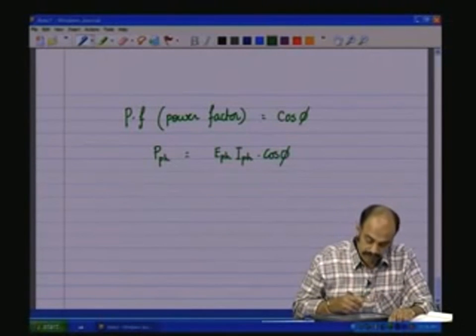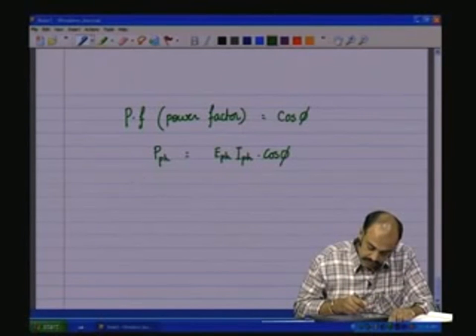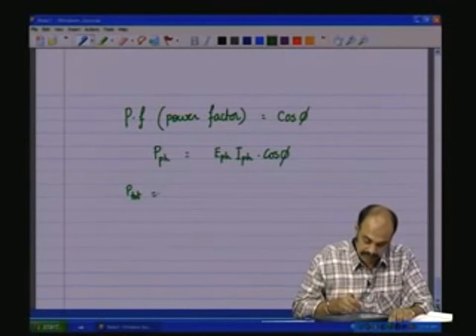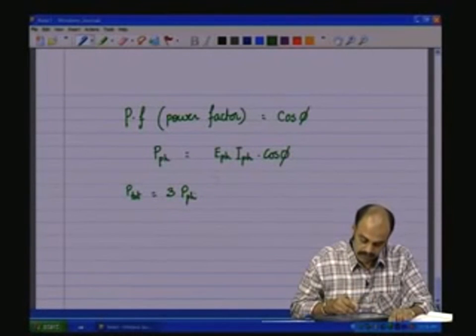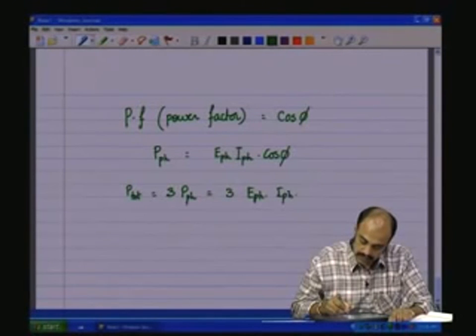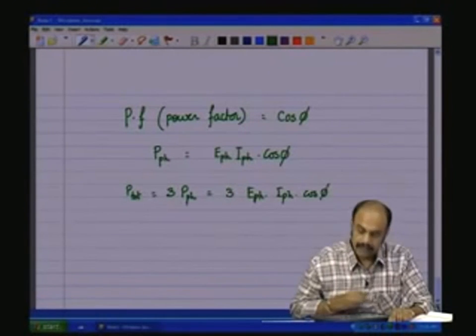And the total power in all three phases, because all three phases are symmetric, is going to be 3 times P per phase, which is 3 times E phase into I phase into cos of phi.